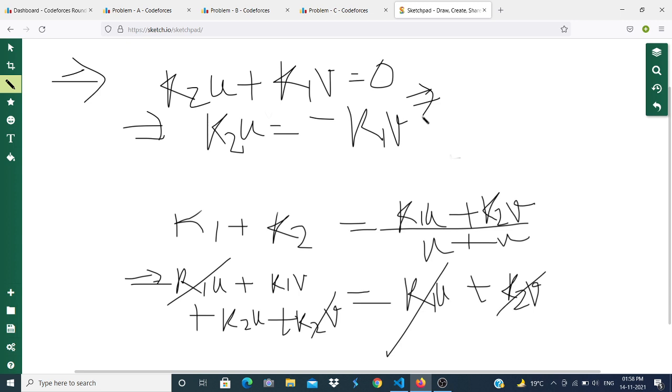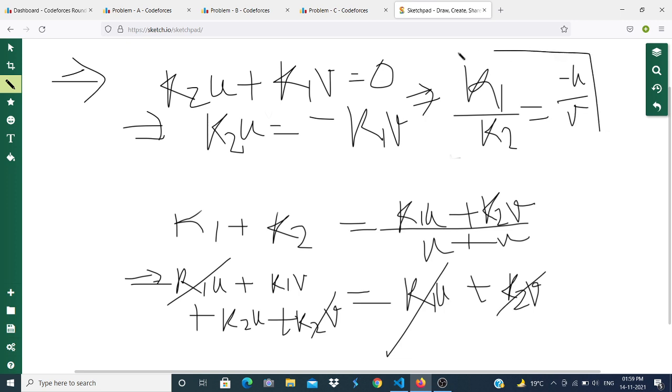And so we can rule out from here that k1 over k2 should be equal to minus v over u. So as you can clearly see, this was the soul of the problem: if you just set k1 to be minus u and k2 to be v, then obviously their ratio will be equal to minus u by v. And so that solves our problem.